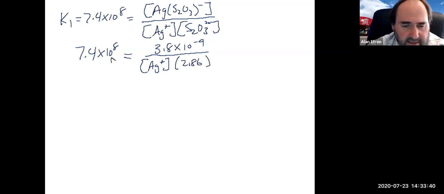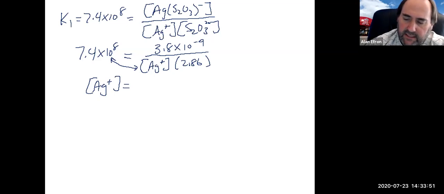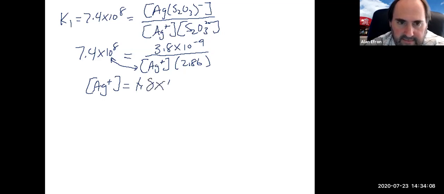Again, mathematically, these two are going to switch places, and that's going to give you your silver is equal to, and if our assumption is correct, we should see that the silver should be a relatively small value. And if you do that, you get a silver value of 1.8 times 10 to the minus 18 molar.